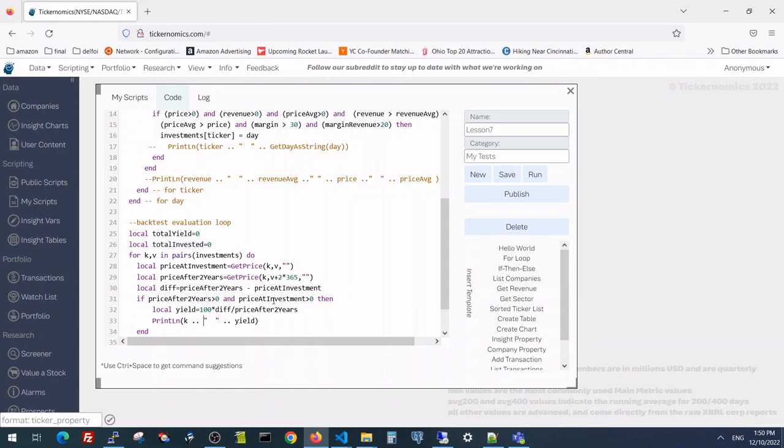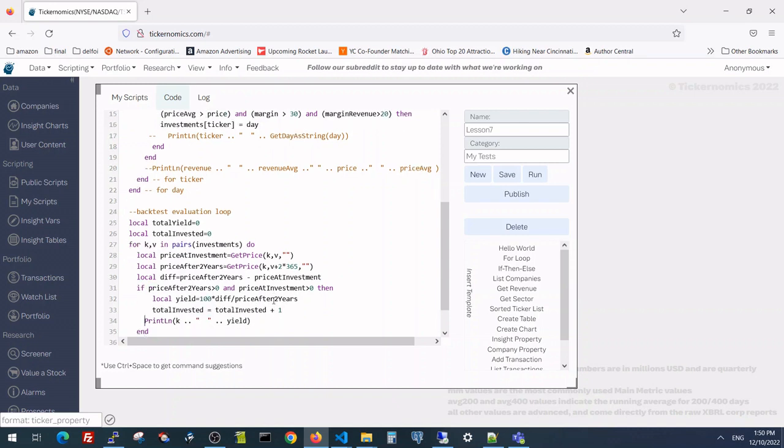So we'll add total investments by 1. So to calculate totals, we'll also add yields.